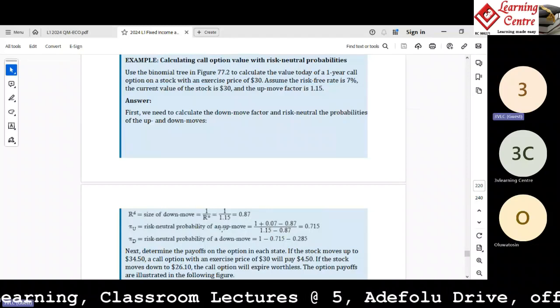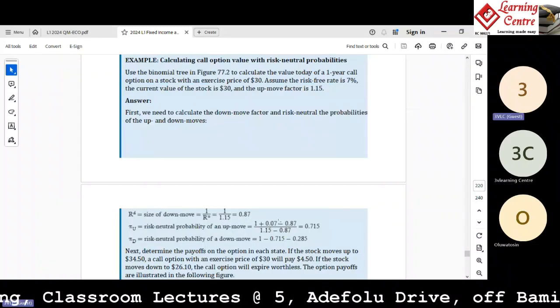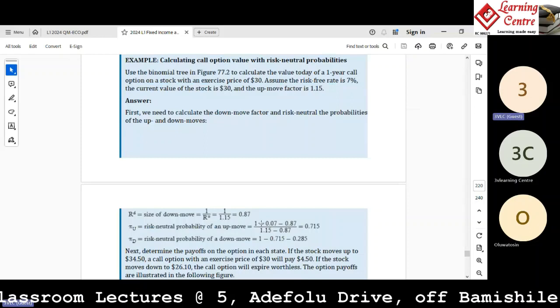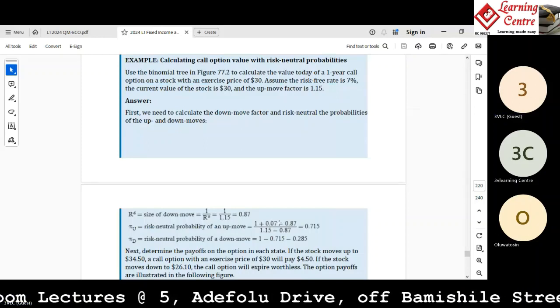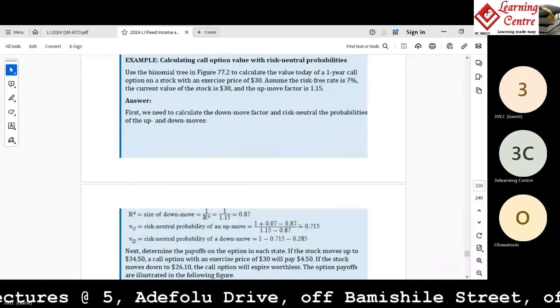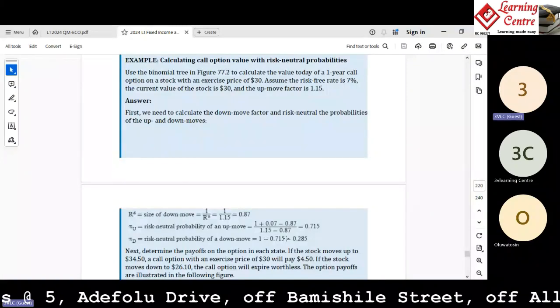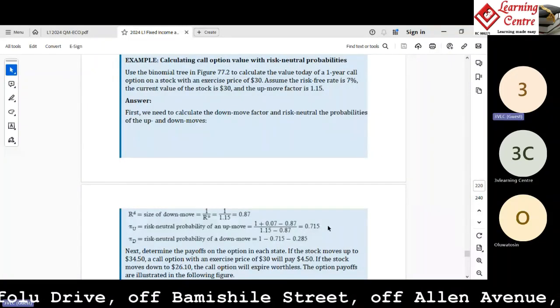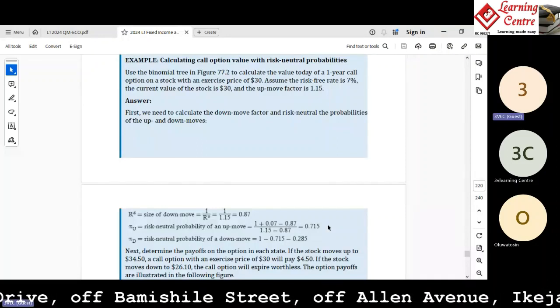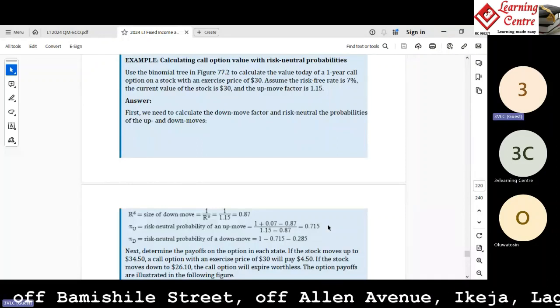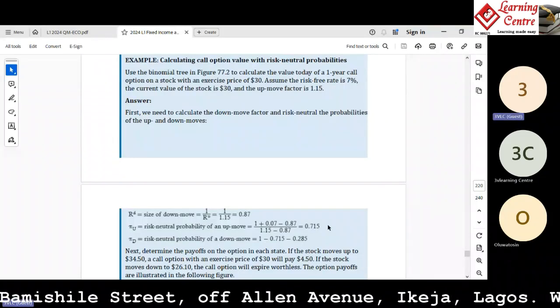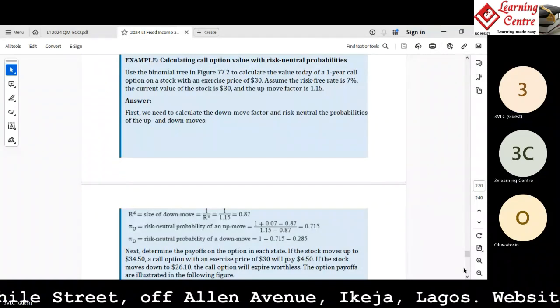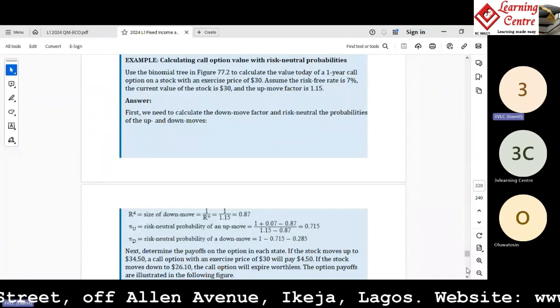Now, to calculate the probability of this occurring is to say 1 plus the risk-free rate minus the down move divided by the up move minus the down move. That gives you a probability of an up move. Then you just do 1 minus that to give you a probability of a down move. And like we said, the probability must be equal to 100%, or 1.